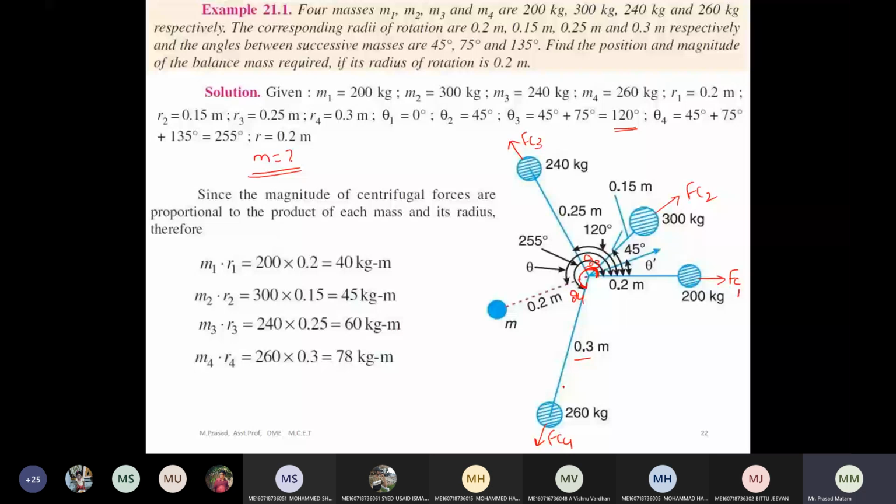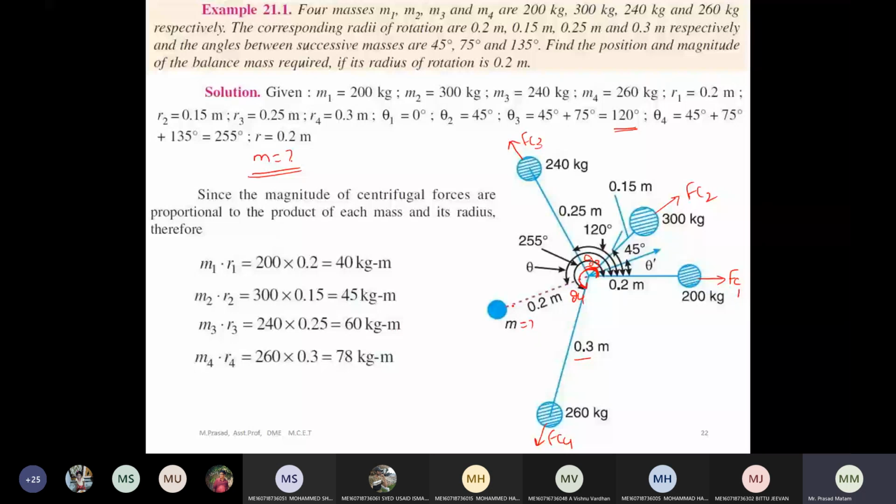Now your aim is to find out the balancing mass m, which is the unknown value. You can see I have kept a dotted line, which is an imaginary line. I am assuming that somewhere else, at a radius of 0.2 meter, the balancing mass m has to be kept at an angle theta with respect to this horizontal line.